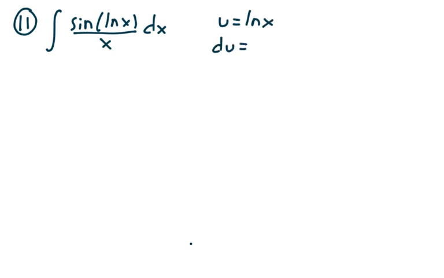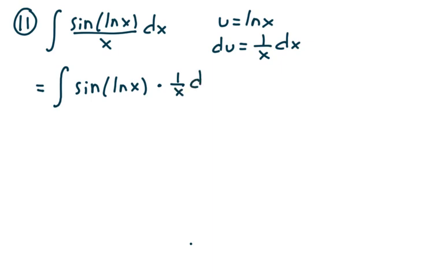My du is 1 over x dx. If it helps you, we can write this as sine of natural log of x, and then we're going to multiply that by 1 over x dx. So you can see my natural log of x is u, my 1 over x dx is du.